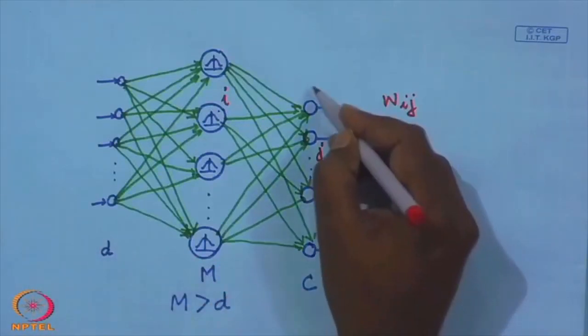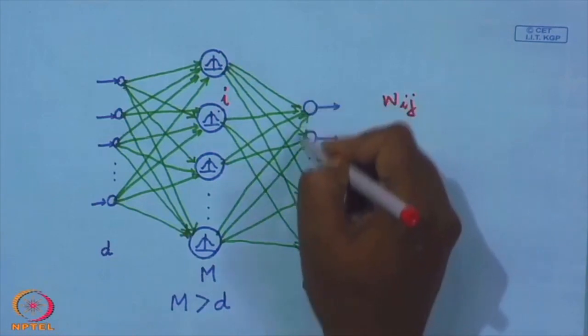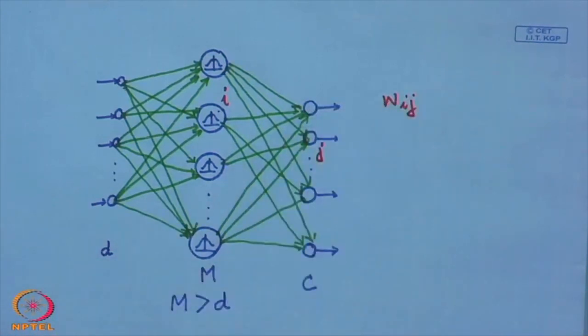Now, what can be done is that these output layer nodes can also impose a nonlinear function to ensure that if a particular input feature vector belongs to class omega j, only the output of the jth node will be equal to 1 and the output of all other output layer nodes will be equal to 0.